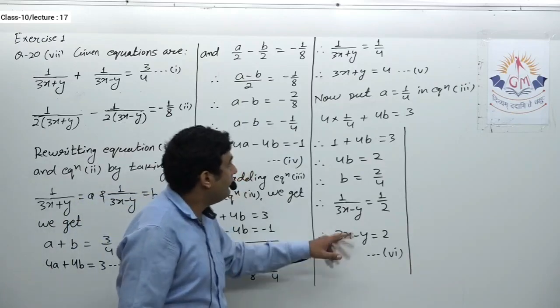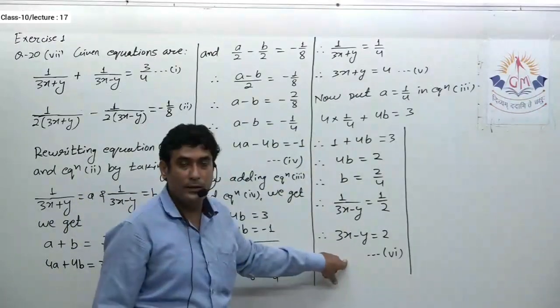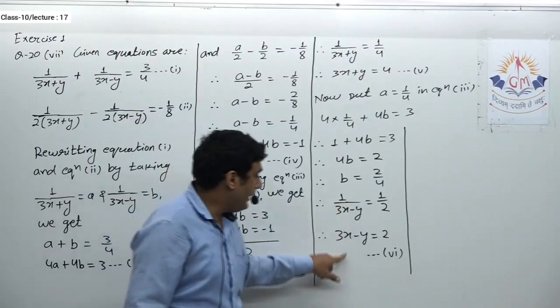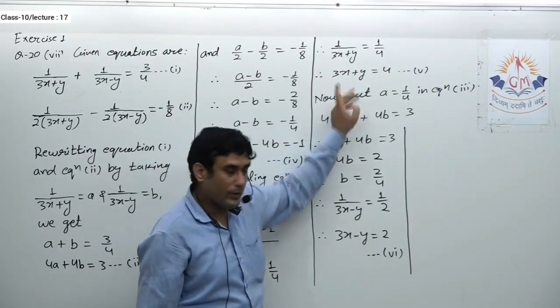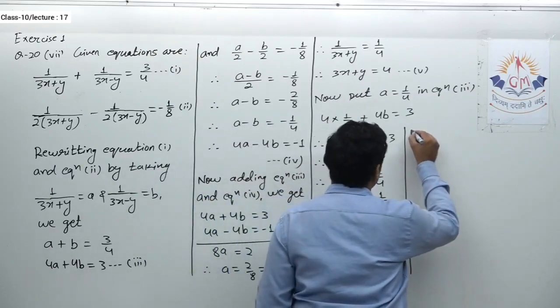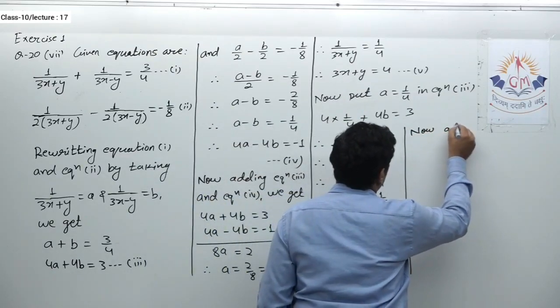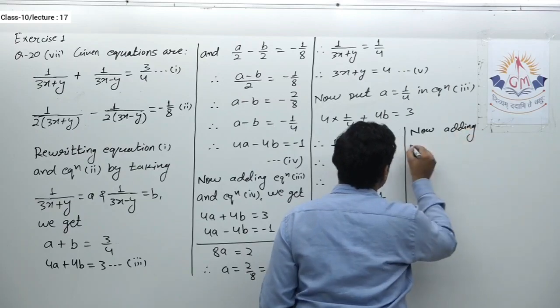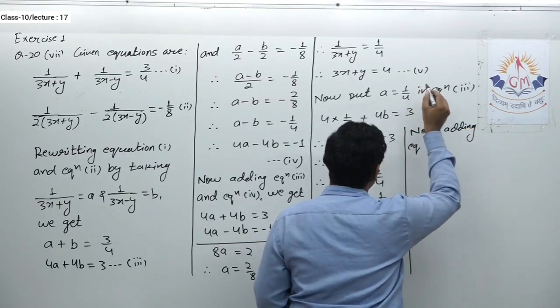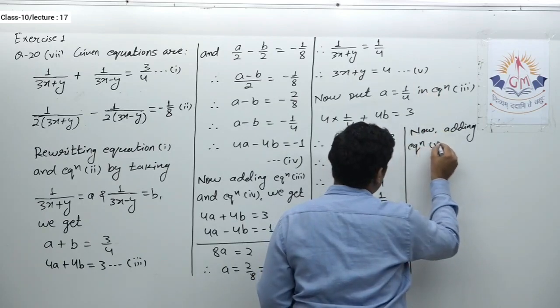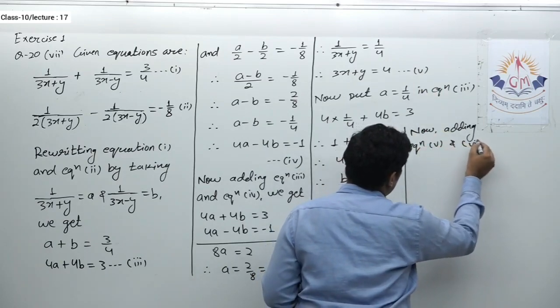So here again I am finding it is easy to solve these two by elimination, because over here I have minus y and over here I have plus y. So now adding equation 5th and 6th.